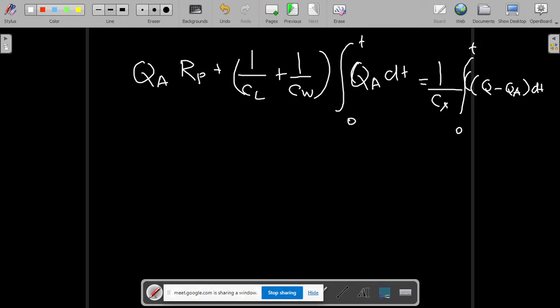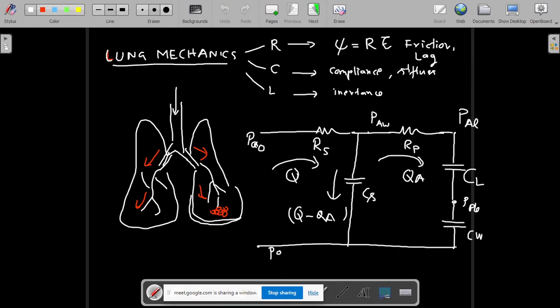So this is the equation representing this closed loop.